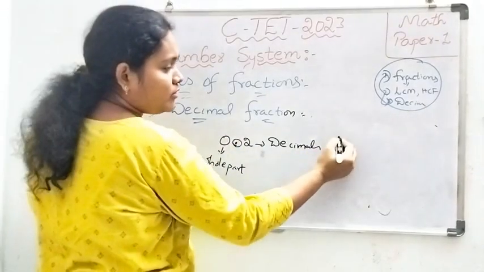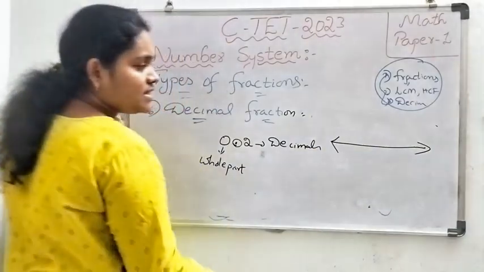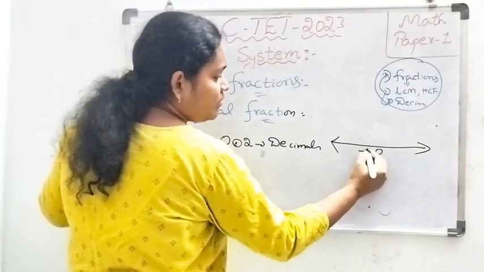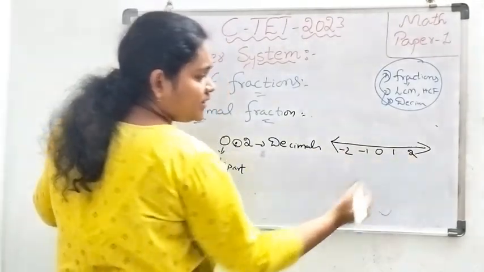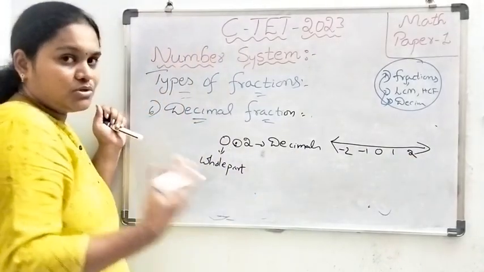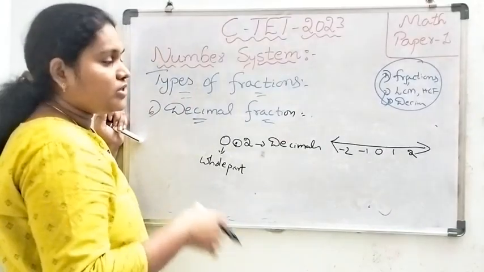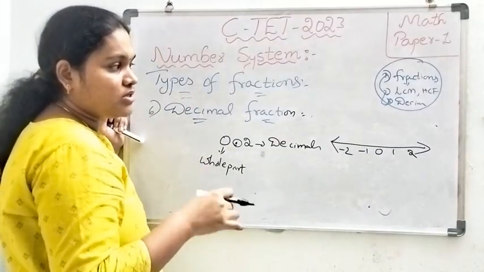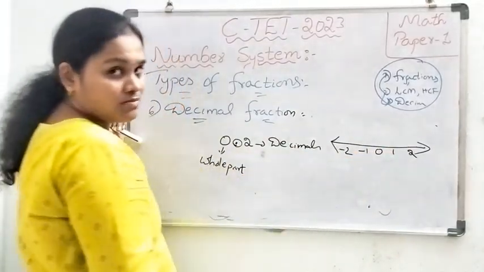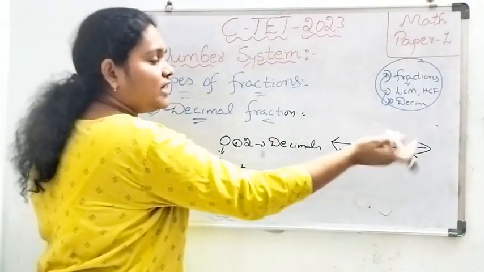So 0.2. But generally when we notice integers, we notice 0, minus 1, minus 2, and 1, 2 like that. If there is a question, how many numbers are there between any two numbers, the answer is there are infinite numbers. Why?